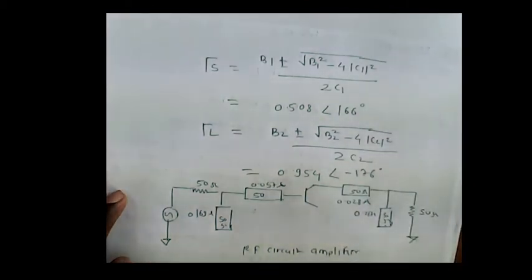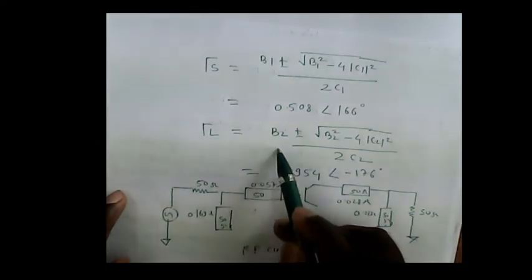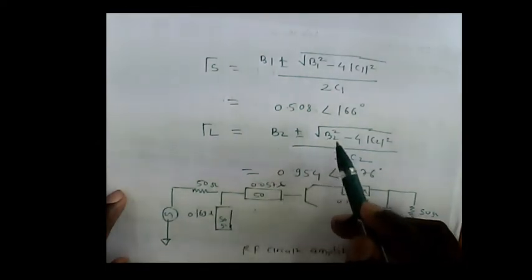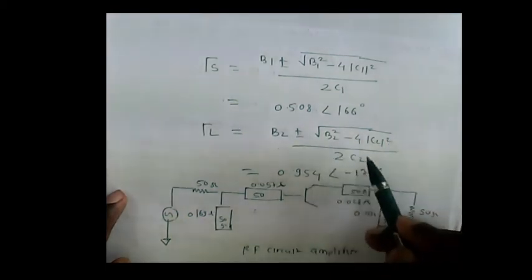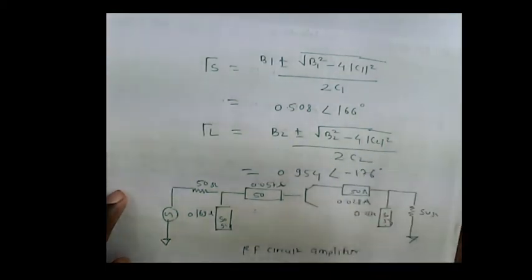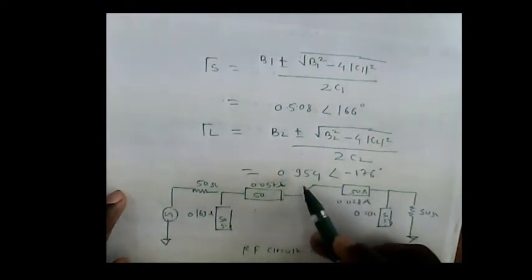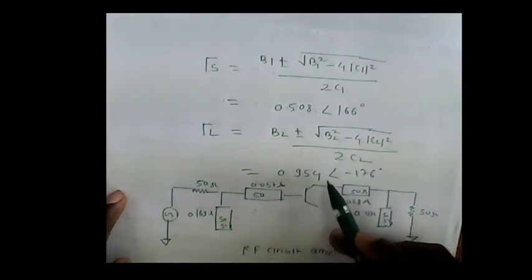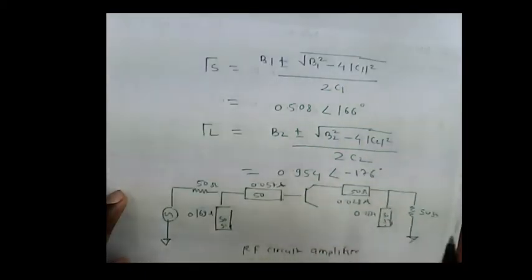Similarly, gamma L is B2 plus or minus the square root of B2 squared minus 4 C2 squared, divided by twice C2. By putting the values, we get gamma L equal to 0.954 at angle minus 176 degree.